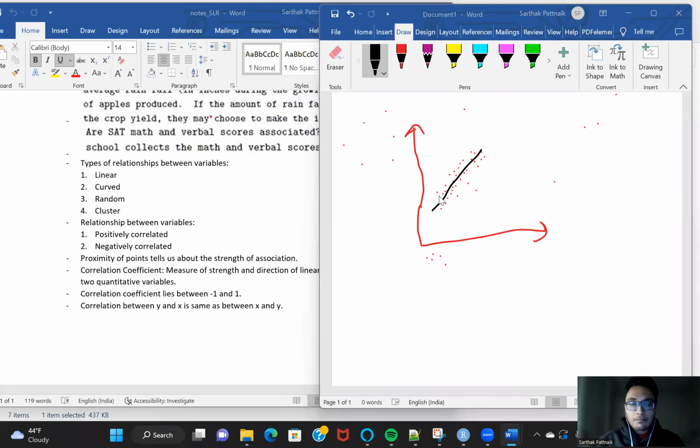Either it can be positively correlated, the two variables x and y, or they can be negatively correlated. If they are positively correlated, it means that an increase in x will cause an increase in y. This is what positive correlation is.